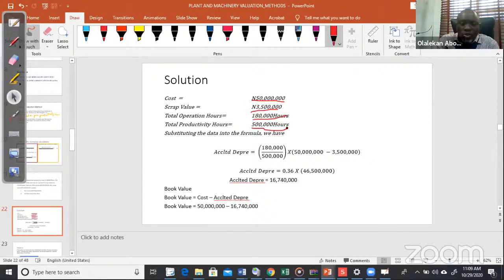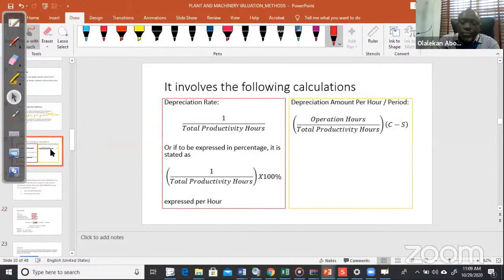All you need to do is substitute all your data into your formula. Let's go back to your formula. You can use this formula, but when you use the other one, you will use whatever value you get to multiply the number of hours used, then multiply your depreciable sum.